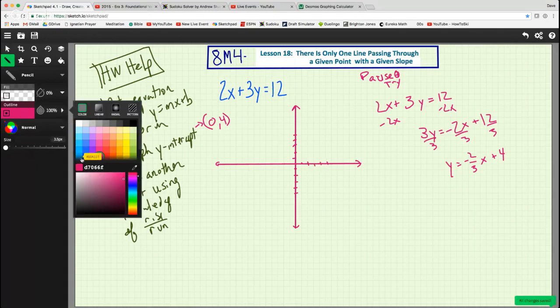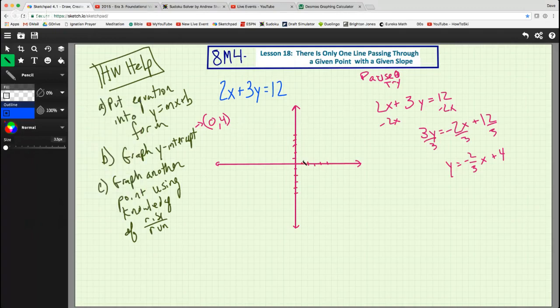We're going to do it in blue. All right, so 0, 4 is our first thing we do. And now we rise negative 2, which is falling, and then we run 3. We always run to the right. So we go down 2 over 3, down 2 over 3, down 2 over 3.